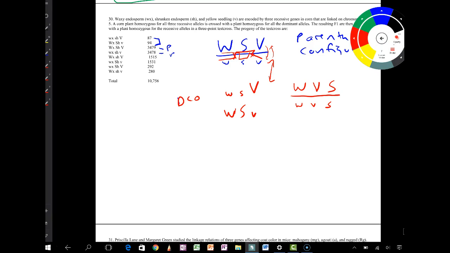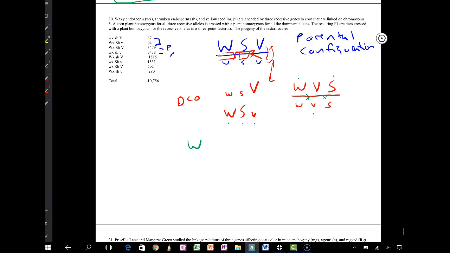So now, if we get a double crossover, we would get big W, little v, big S. All right, so that's our order. Big W, big V, big S, over little w, little v, little s. So now we know the order. Now we can calculate the distance between W and V.